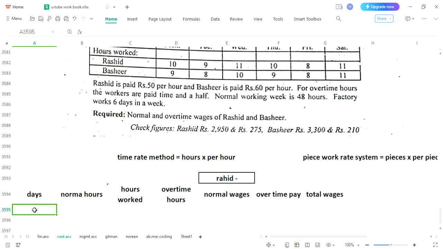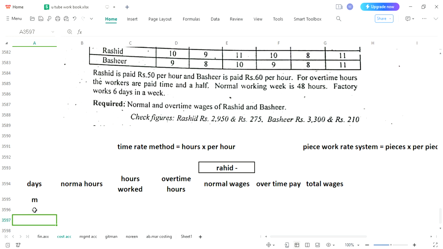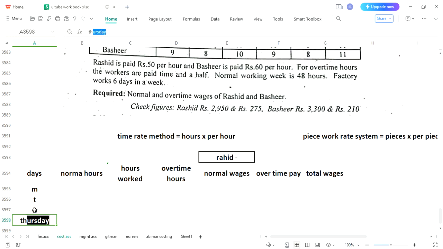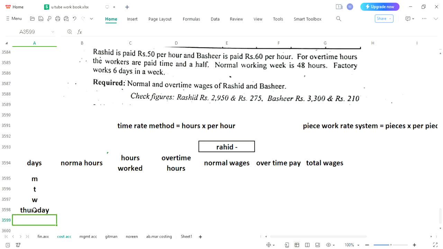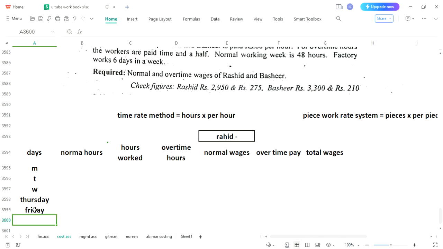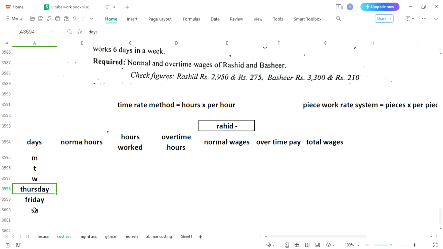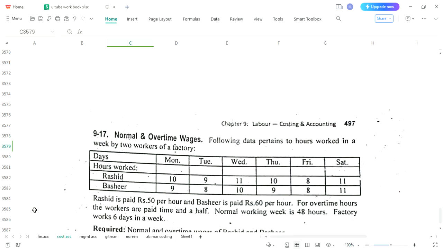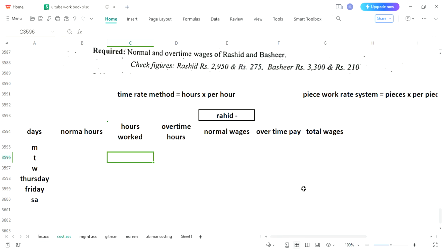He had worked from Monday to Saturday, so Monday, Tuesday, Wednesday, Thursday, Friday, Saturday, and from here we will see how many hours he had worked. Follow these horizontally: 10, 9, 11, 10, 10, 9, 11, 10.